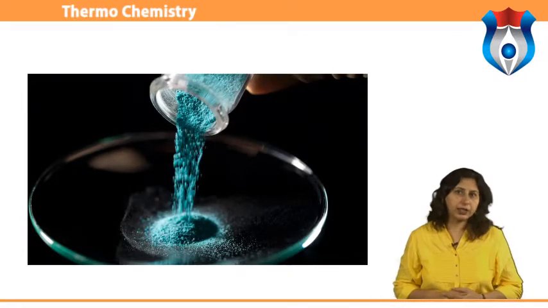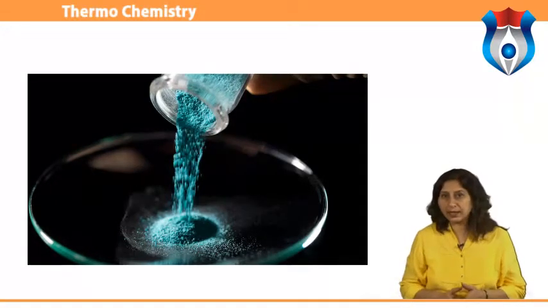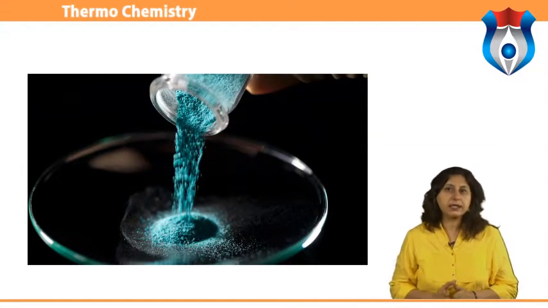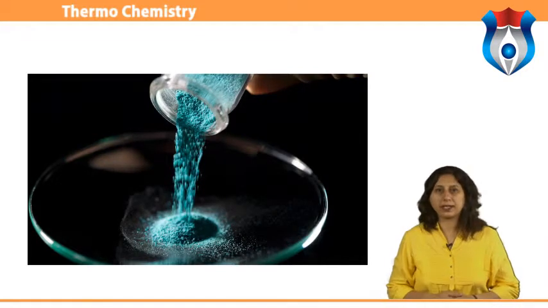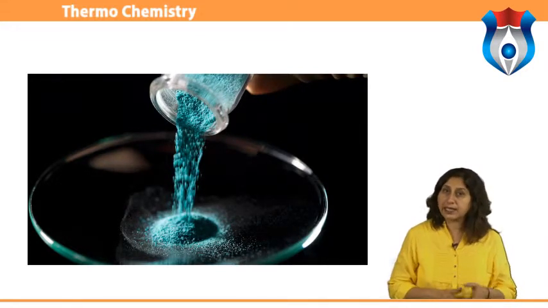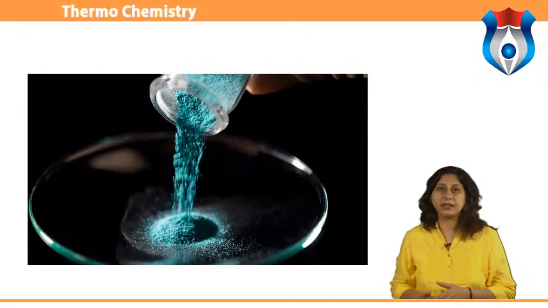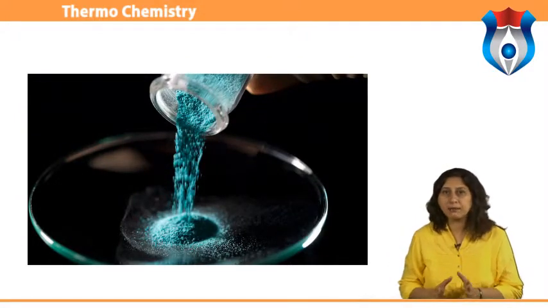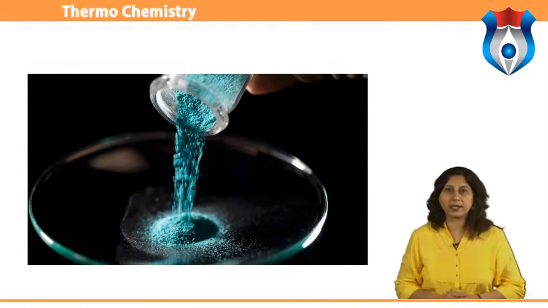In general, we conclude that delta E greater than 0, positive, EF greater than EI, means the system gained energy from its surroundings. Delta E less than 0, negative, EI greater than EF, means the system lost energy to its surroundings.